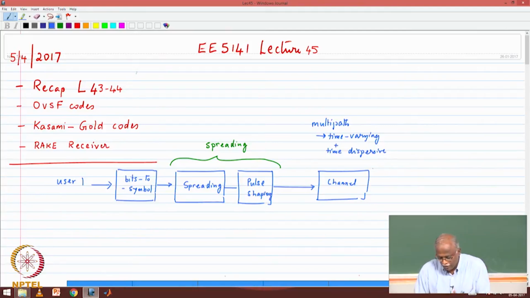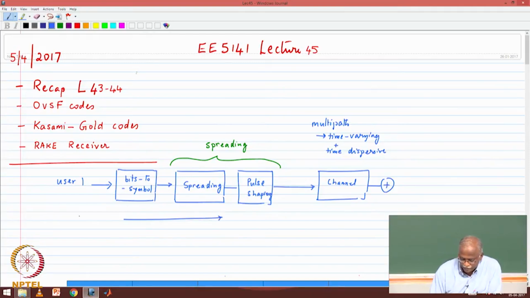Our signal experiences some channel, and added to it are the signals of other users. Basically you would have several of them.